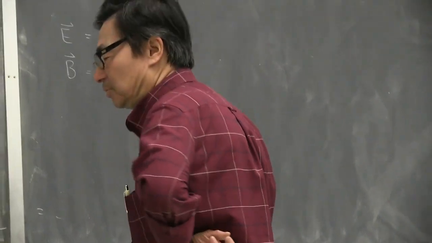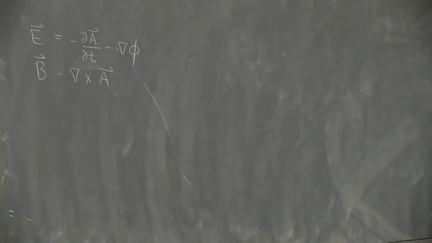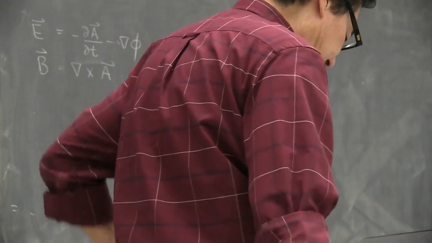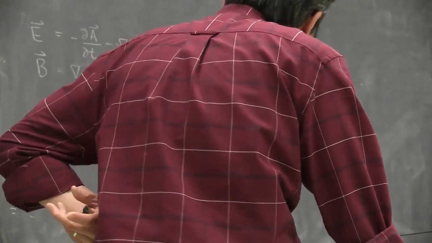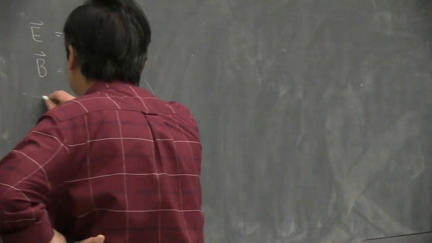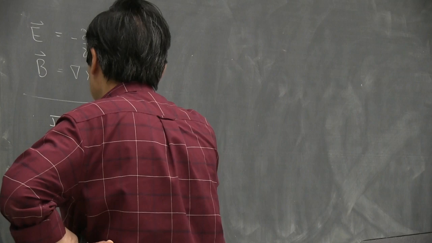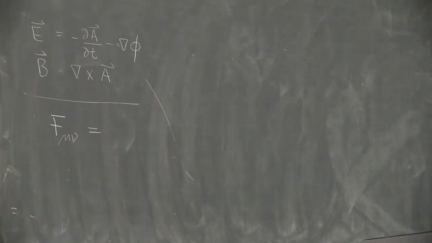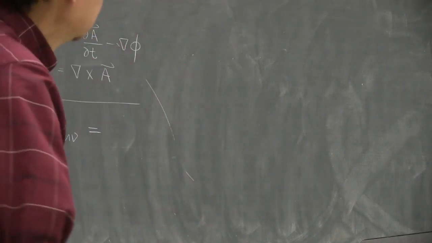But when you try to cast everything in terms of relativistic language, you see the Lorentz invariance appears quite explicitly. If you introduce the electromagnetic field strength, F mu nu, it's a second rank covariant tensor.